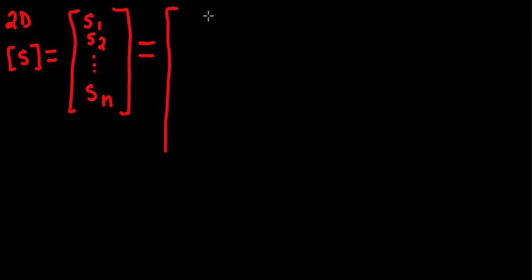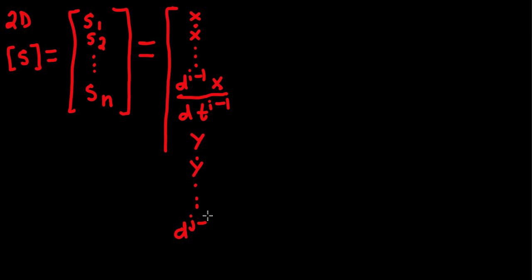Then our state variables will represent x and x dot all the way down to the i minus 1th derivative of x. And it will also include y and y dot all the way down to the j minus 1th derivative of y.